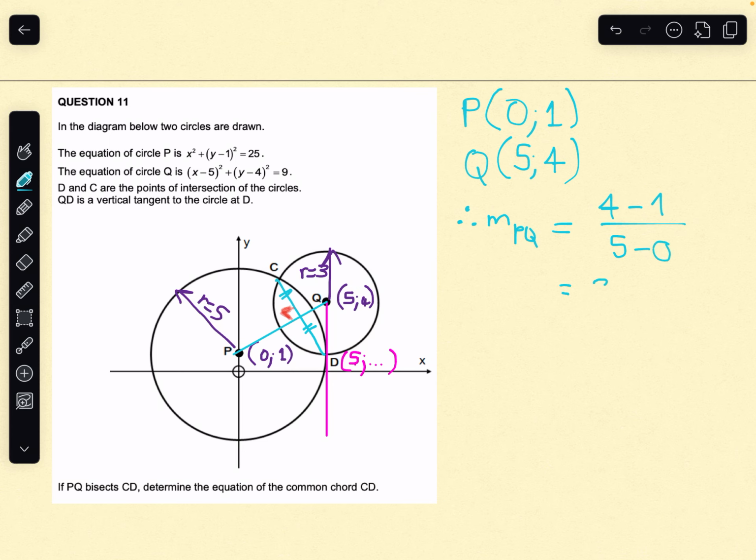So that would be 3 over 5. And so therefore, well, okay, before we say therefore, we need to say that we know that PQ is perpendicular to CD, and that is because line from center bisecting chord.